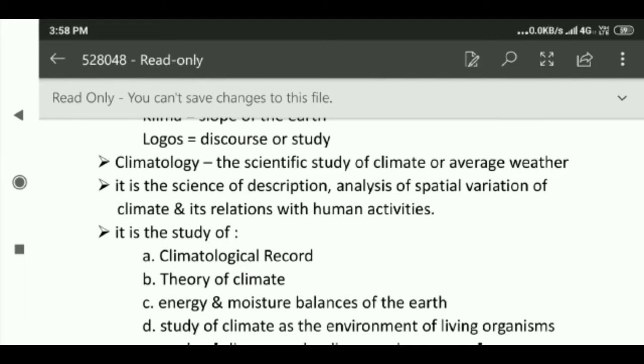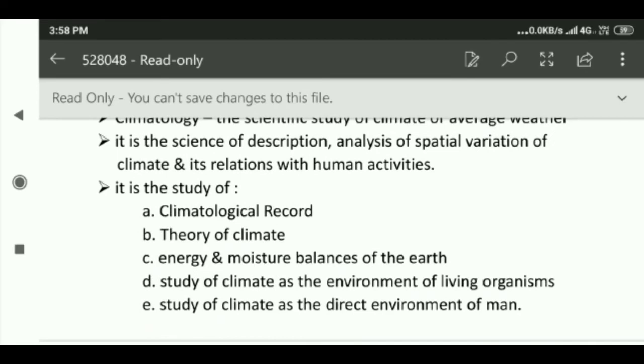Climatology is the science of description and analysis of spatial variations of climate and its relation with human activities. According to Köppen, climatology is the study of elements of climate affected by various factors with their areal distribution, or climate is the aggregate of the weather.